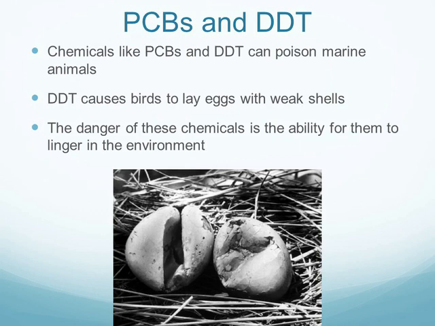And so when the mother would sit on top of the eggs, she would inadvertently crush her eggs because they didn't have the strength in the shell needed to withstand the pressure of her sitting on top of them to keep them warm. So you can see that image there. Those are eggs that were crushed because they were too soft and didn't have enough calcium carbonate within them to hold their structure.